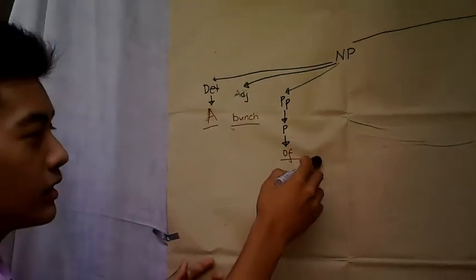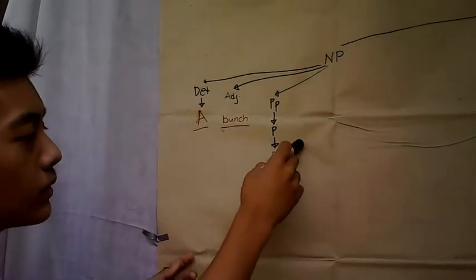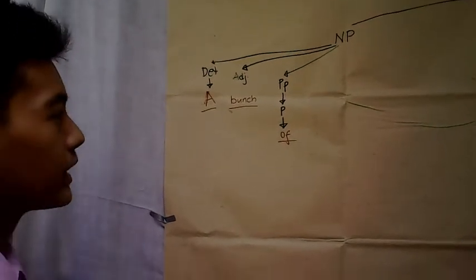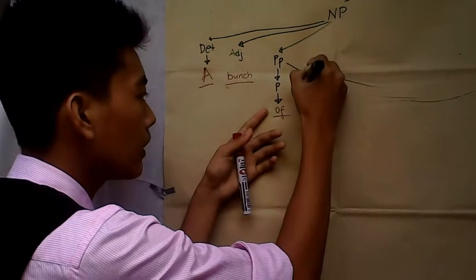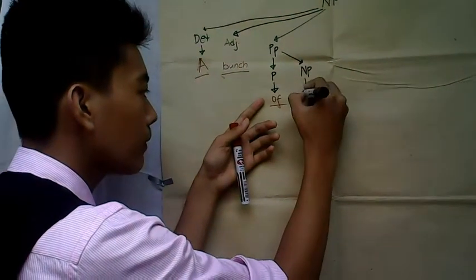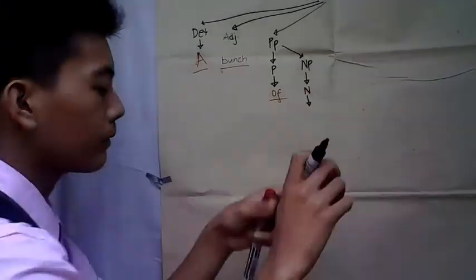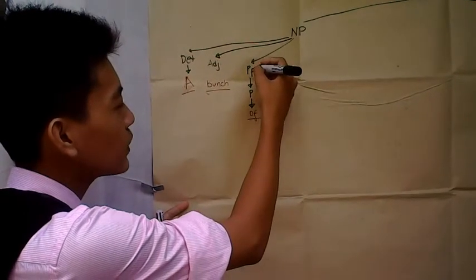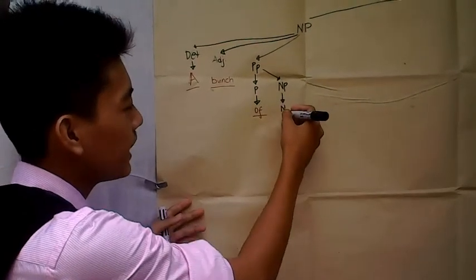Men is a noun, so we will create a new phrase, the noun phrase, then connect it to the prepositional phrase. We will create a new noun phrase and connect it to the prepositional phrase because men is a noun.